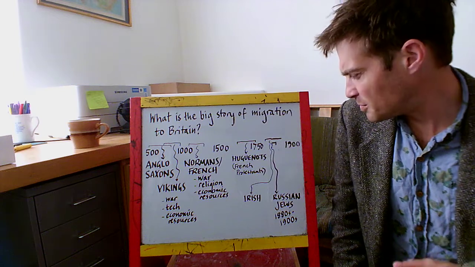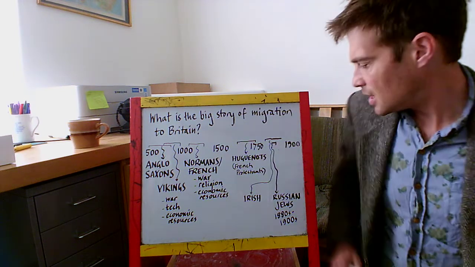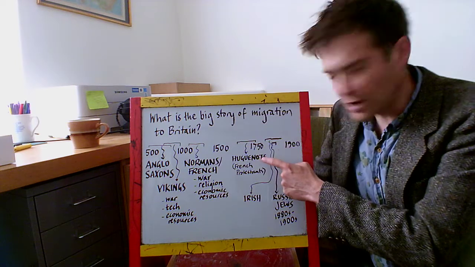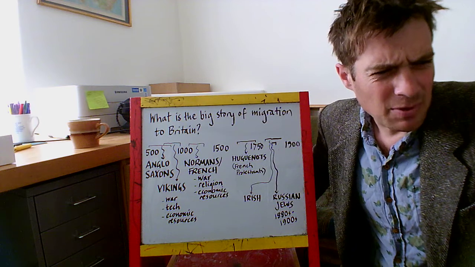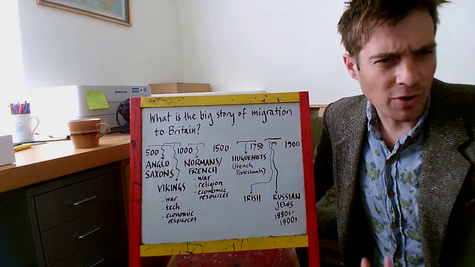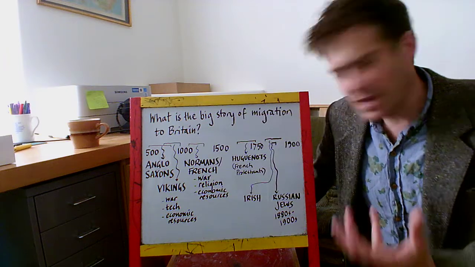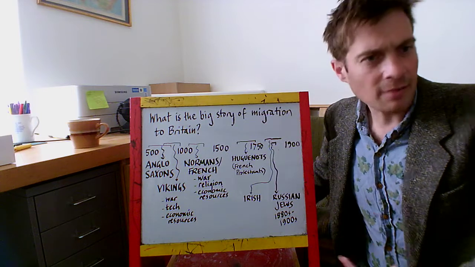And so the groups of people we're going to look at in detail over the next few lessons are going to be the Huguenots. That's an annoying word to spell. It's a French word, and it's a word referring to French Protestants. They came to Britain from the late 1500s right up to the 1700s.